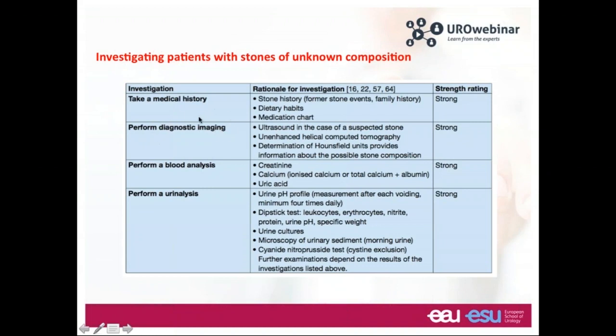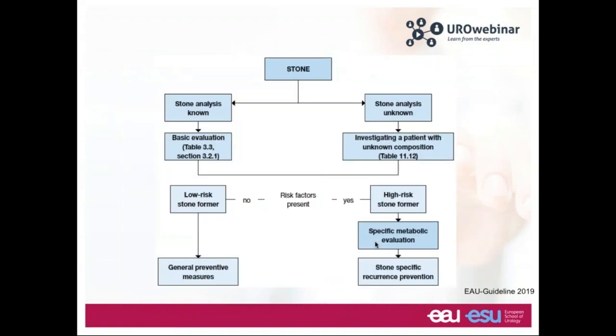You have to do imaging. You have to do a blood analysis with creatinine, calcium, and uric acid, and perform a urinalysis for pH, urine culture, a dipstick, and a microscopy, preferably of a morning urine, and culture when you want to intervene with the patient. So go back to this algorithm.